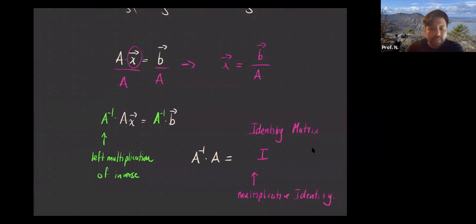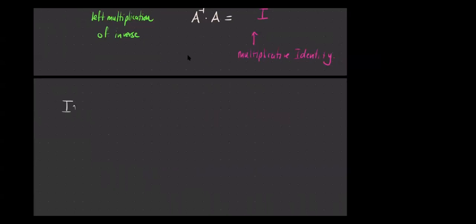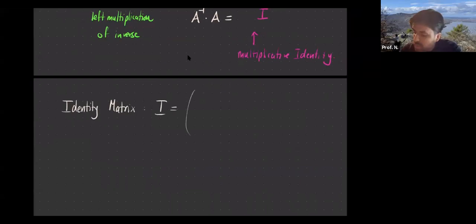So when I multiply a matrix with its inverse, I get the identity. And what is the identity? Does anybody know? I think Mir tried to write it. The identity is a matrix that has 1 in the diagonals and zeros everywhere else. That's the identity matrix.